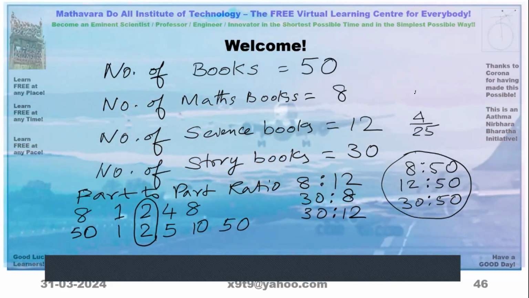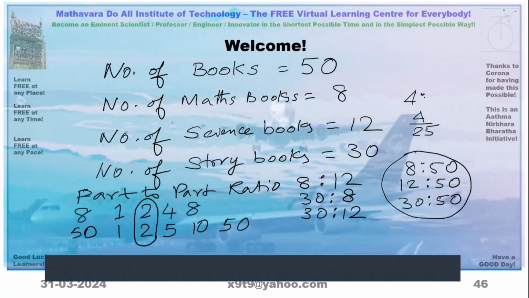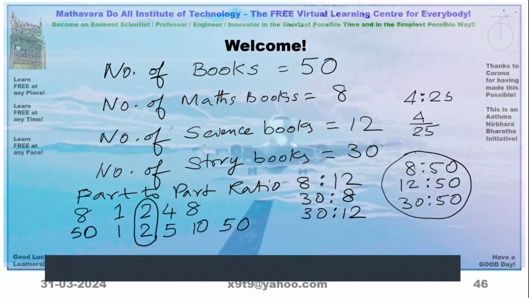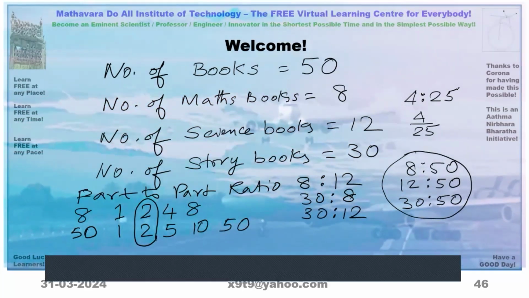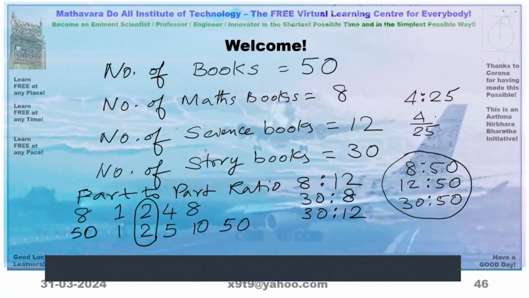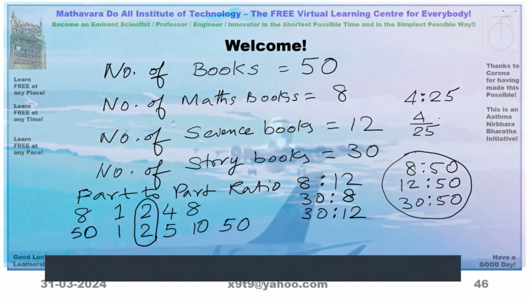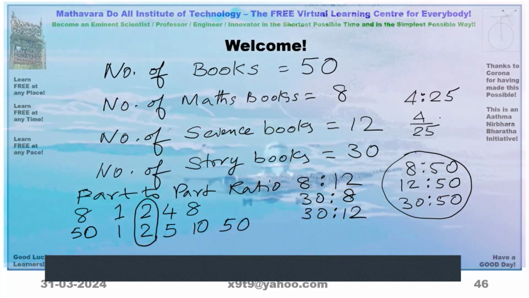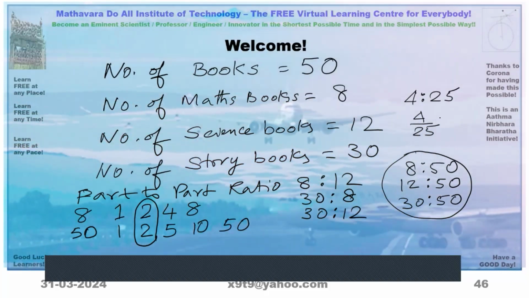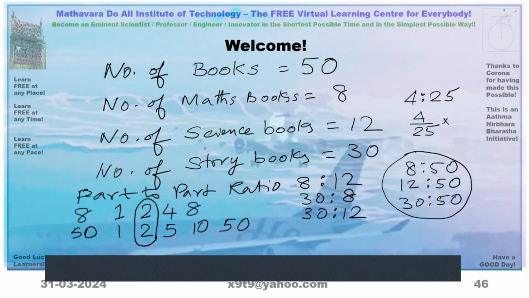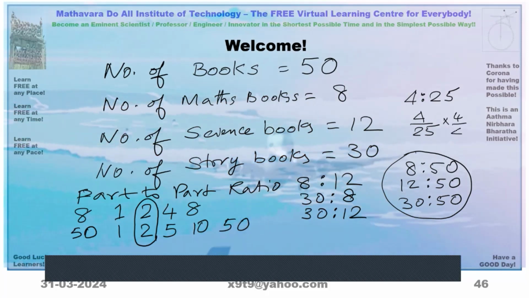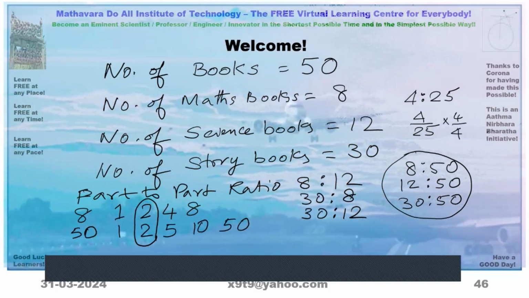Or 4 is to 25. That means, suppose you multiply by 4, numerator and denominator. Multiply by 4, multiply by 4. You get 100 here, 16 here.